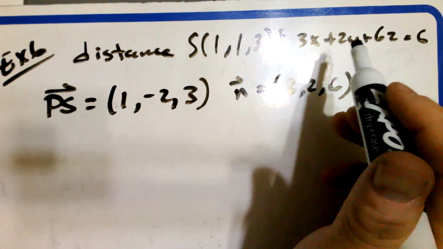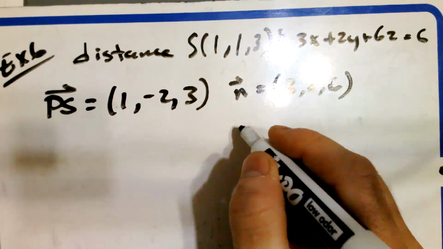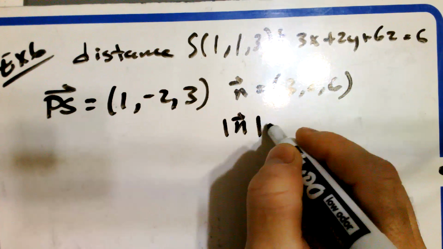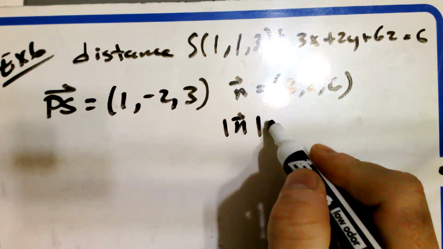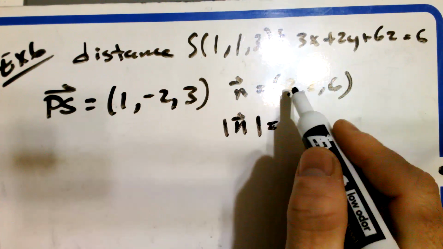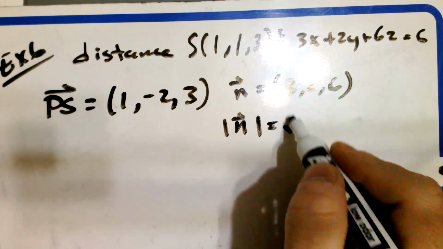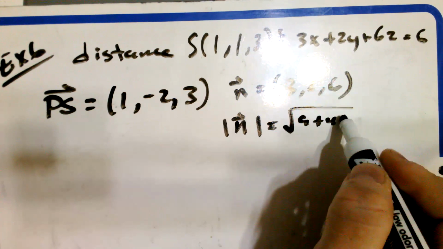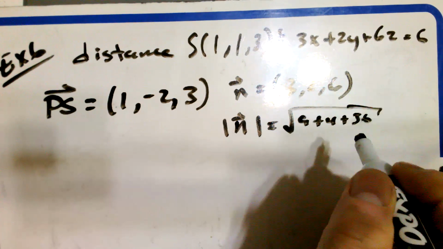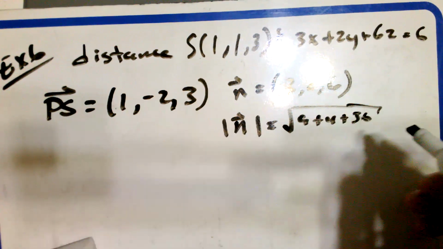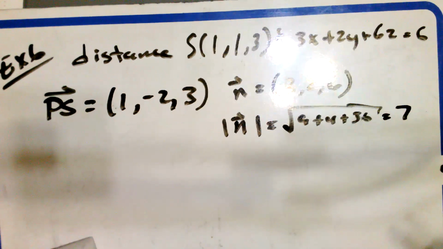And then the magnitude of the normal: 3 squared plus 2 squared plus 6 squared, so 9 plus 4 plus 36. We just saw that is 49, which is 7. Okay.